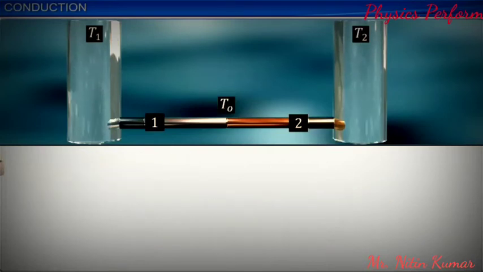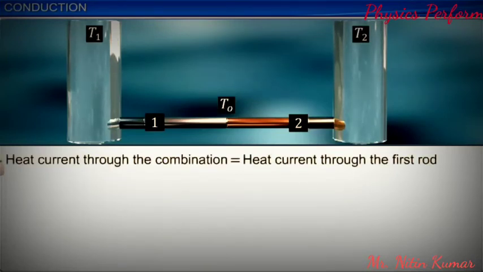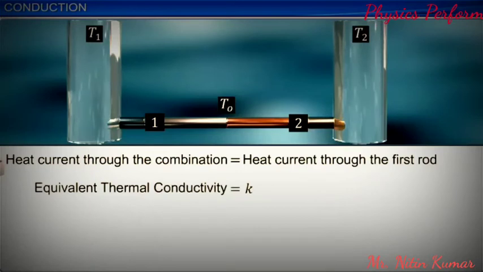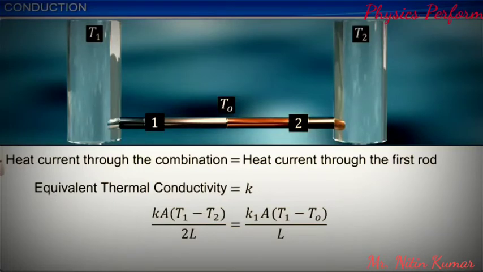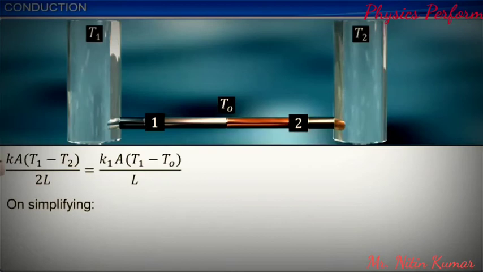Since heat current through the combination is equal to heat current through the first rod, if the equivalent thermal conductivity of the combination of two conductors is K, then we can write KA into (T1 minus T2) by 2L is equal to K1A into (T1 minus T0) by L. On simplifying, we get K into (T1 minus T2) is equal to 2K1 into (T1 minus T0).